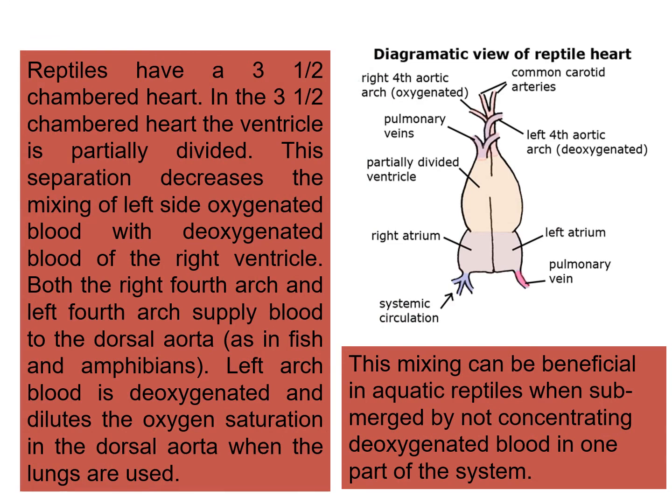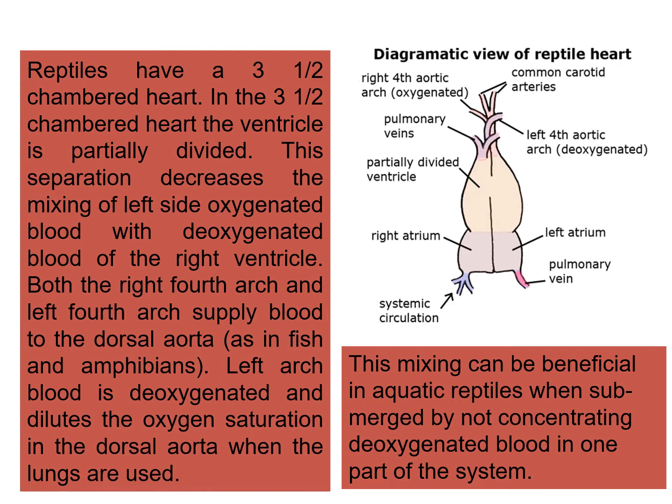Reptiles have a three-and-a-half-chambered heart. In this heart, the ventricle is partially divided. This separation decreases the mixing of left side oxygenated blood with deoxygenated blood of the right ventricle.